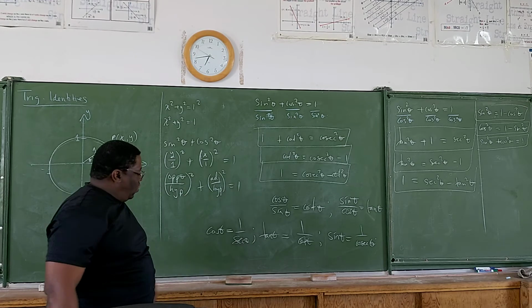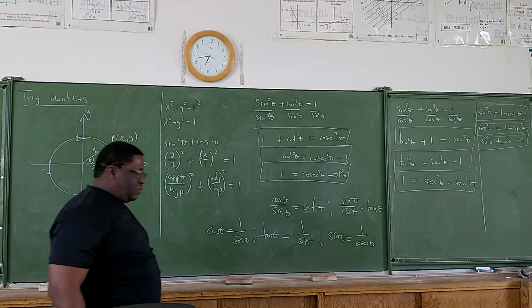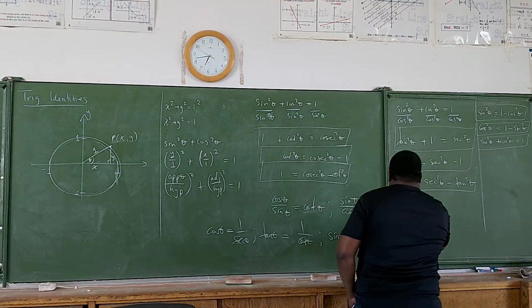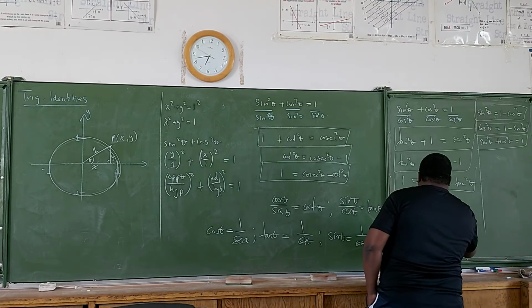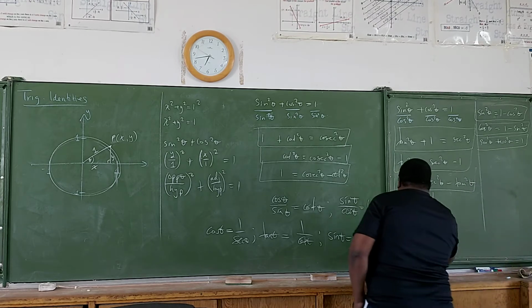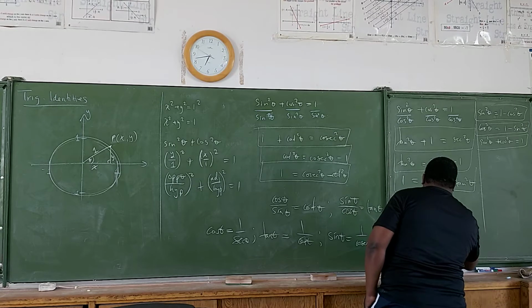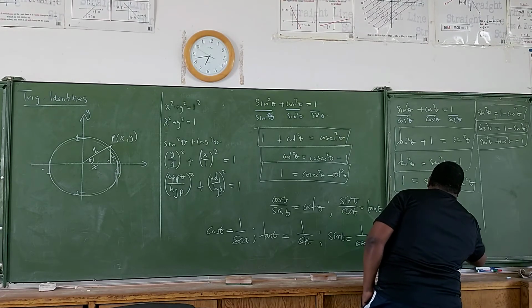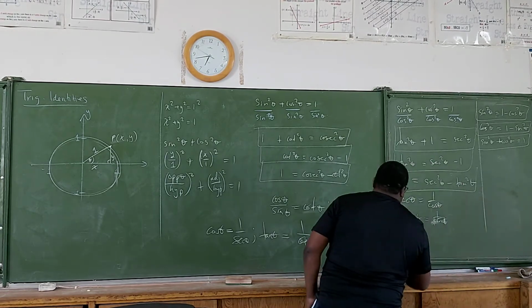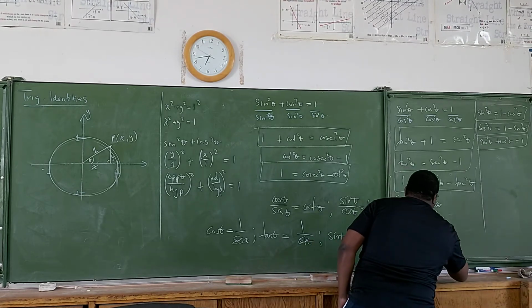Or sec theta equals 1 over cos theta. Cosec theta equals 1 over sin theta. Cot theta equals 1 over tan theta.